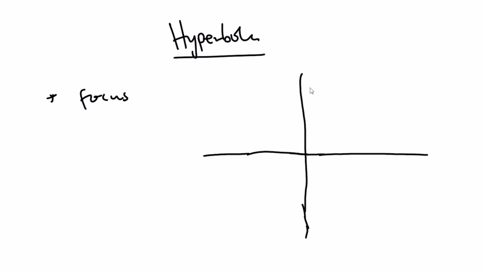Alright, so we have this. This is how a hyperbola is. Okay, so we are saying that the fixed points, each of them is called a focus.